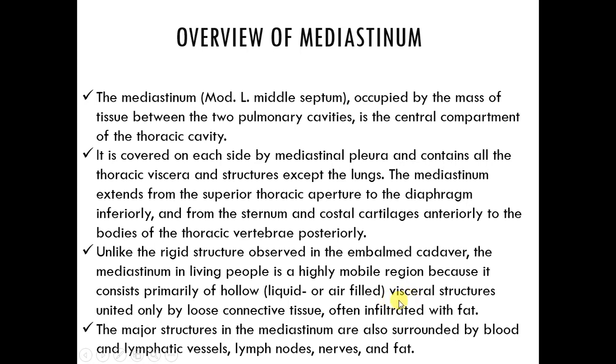Other structures present are the esophagus, trachea, and the aorta, which is pulsating all the time. These are all present in the mediastinum, connected with loose connective tissue and fat. The major structures in the mediastinum are also surrounded by blood and lymphatic vessels, lymph nodes, nerves, and fat.